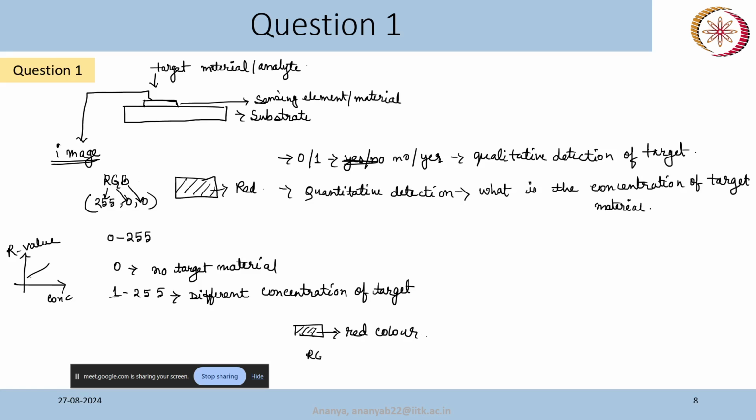So the RGB values can be some R, 0, 0, it can be R dash, 0, 0. The smallest difference between R and R dash is the resolution of your system. Now if it is a digital imaging kind of system, it will give R and R dash values between 0 and 255. That means 256 is 2 to the power 8, so this is an 8-bit system.